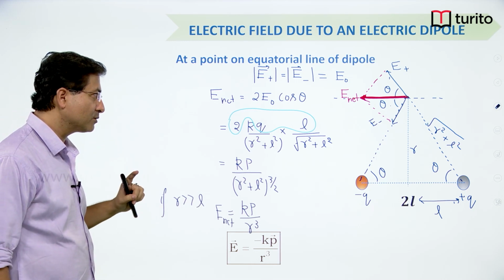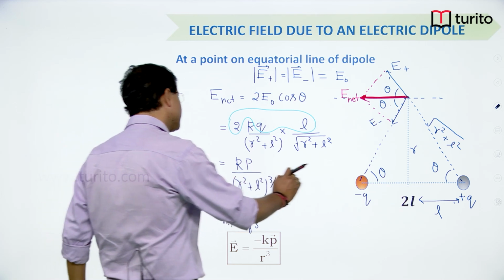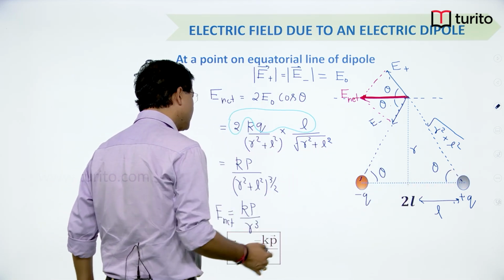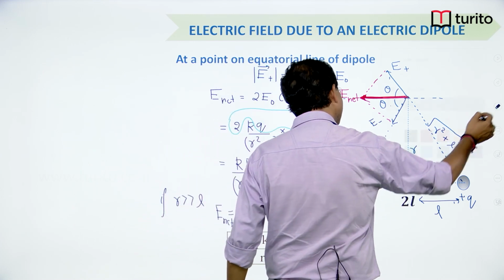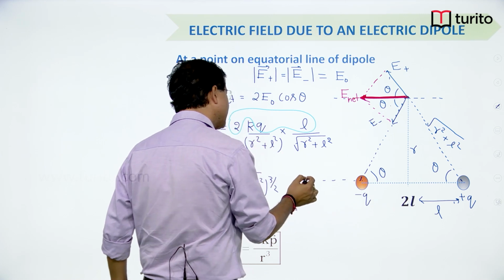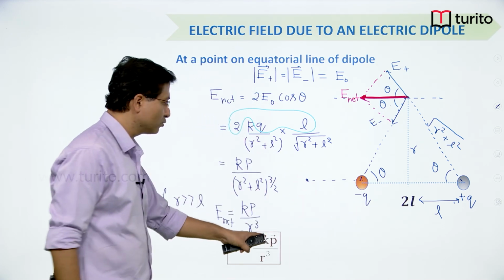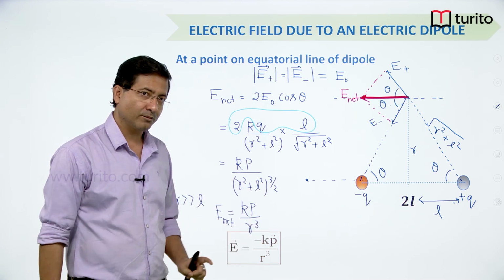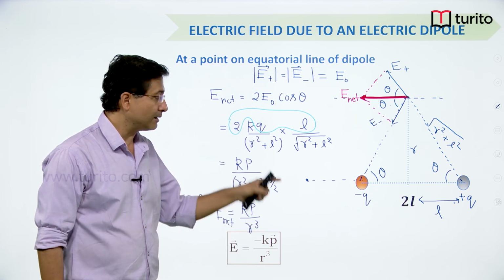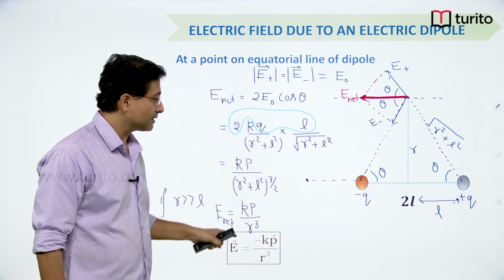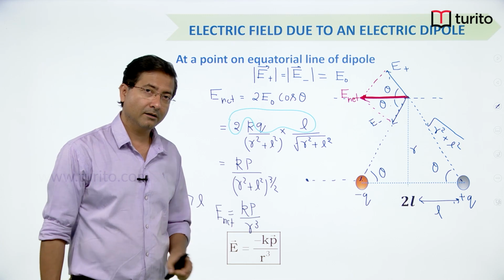So previous case when we were calculating on the axis at distance r, we got 2 times p divided by r cube. Here we are getting p divided by r cube. Previous case they were in same direction, dipole moment and field, they were in same direction. In this case dipole moment and field both are in opposite direction.